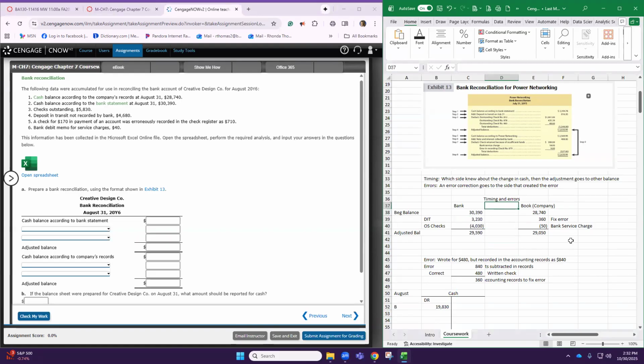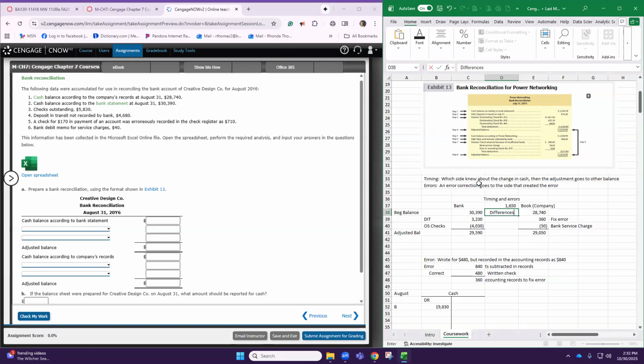So what is the difference? We're just going to compare the balances to start with. We're just going to take what the bank says and what our book says. So we're off, right? The difference is $1,650. Once again, the reason for those differences can be a lot of things. It can be timing, it can be errors.